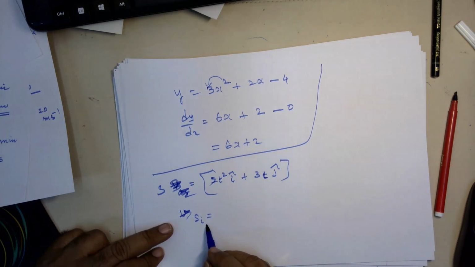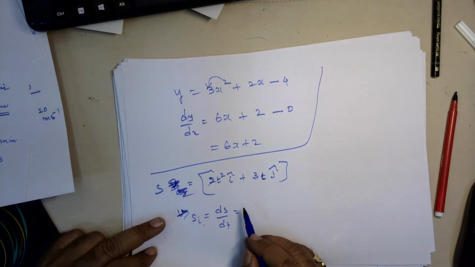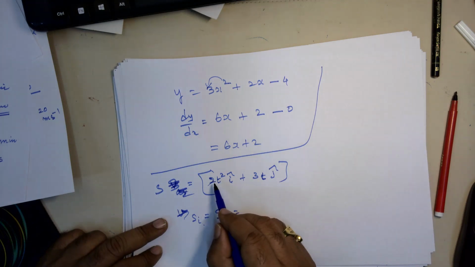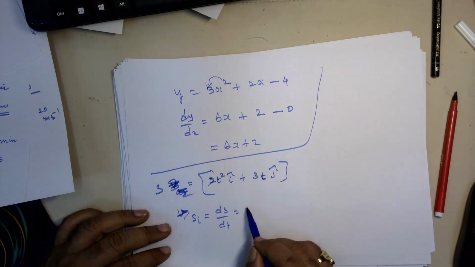Now you want to calculate Vi. Vi means ds by dt. So that is nothing but 2t squared, which means 4t, right?